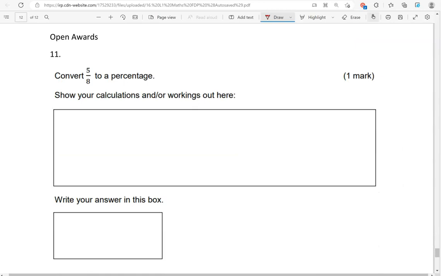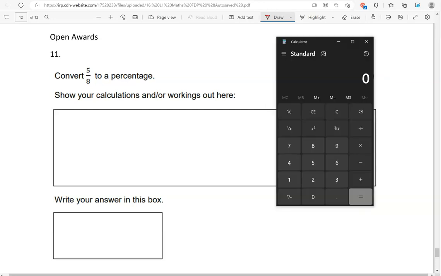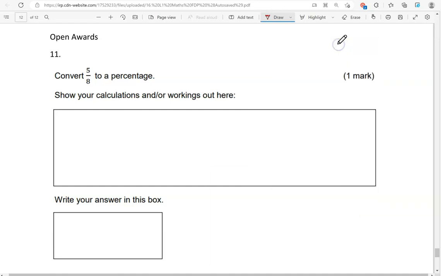Convert 5/8 to a percentage. Show your calculations and workings out here. 5/8, that is 5 divided by 8, which is 0.625. Now, a percentage is like the decimal multiplied by 100.